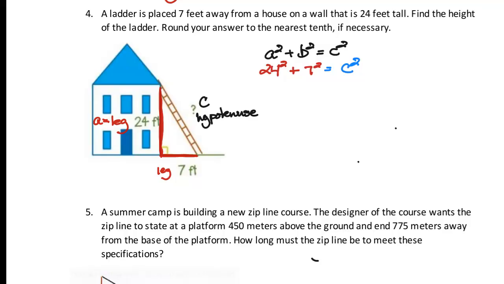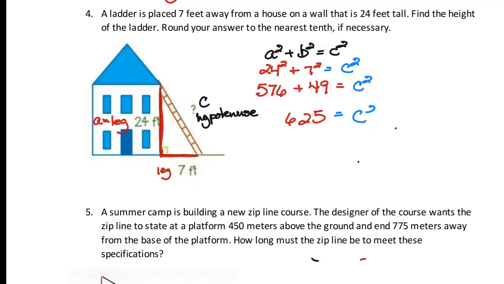24 squared. Let's see. 25 squared is 625. What is it? 576. That sounds right. Plus 7 squared is 49. And if you add those two together, you get 625.